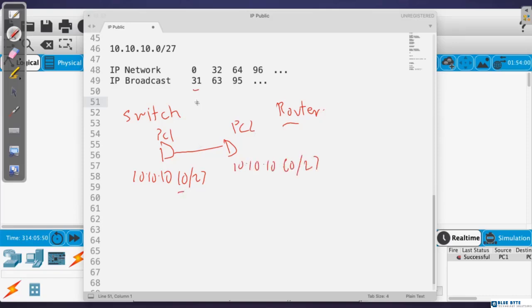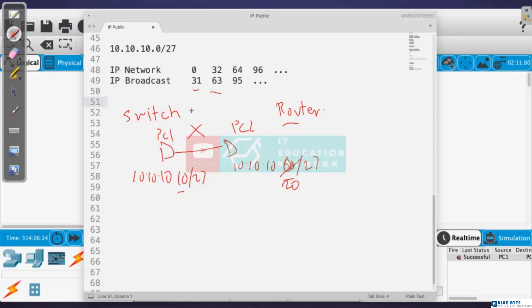Here we can see that PC1 is in the first block subnet, and PC2 is in the second block subnet. In this case, PC1 cannot communicate with PC2. But if the IP address of PC2 is also in the first block subnet, let's say 20, these two PCs will be able to communicate with each other.